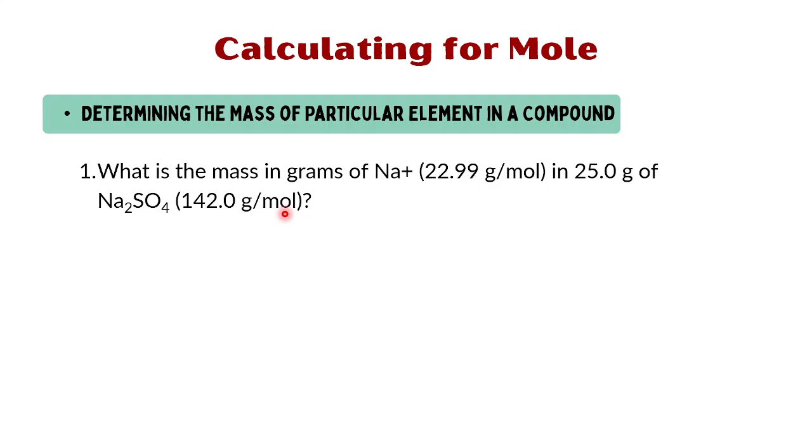So, the question, class, revolves around how many grams of sodium, with 22.99 grams per mole as its molar mass, are in 25.0 grams of sodium sulfate, which is the whole compound, with 142.0 grams per mole. So, let us see how to calculate this.